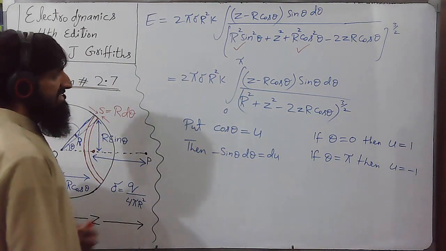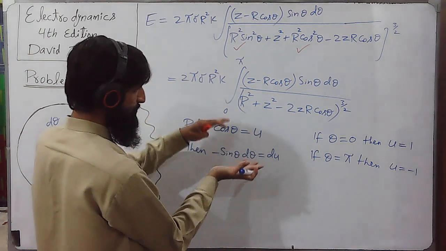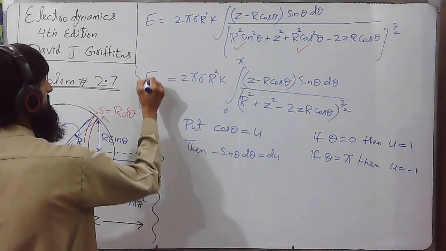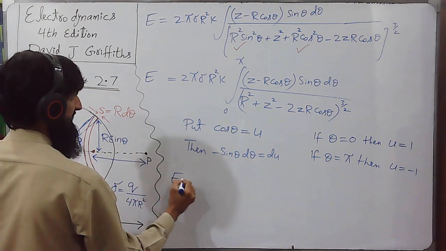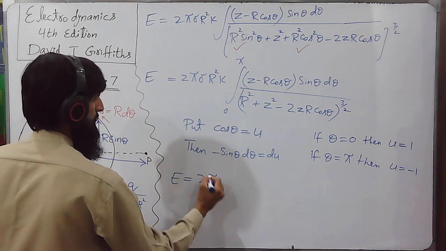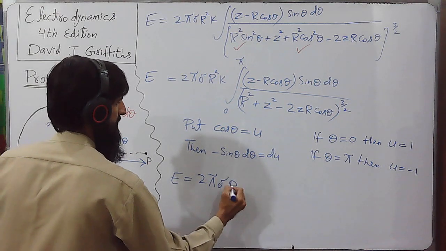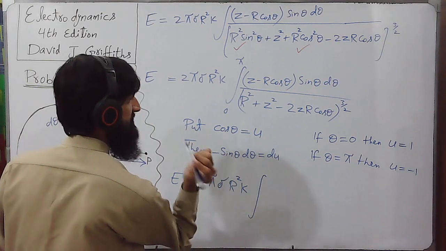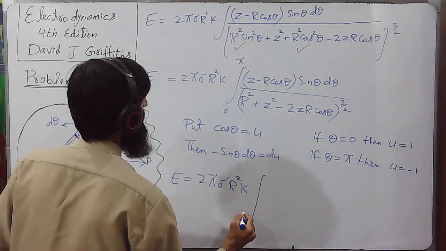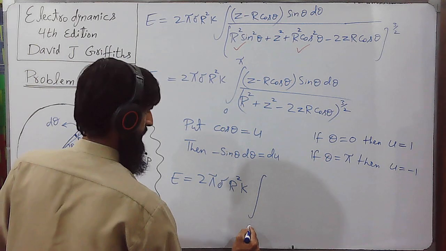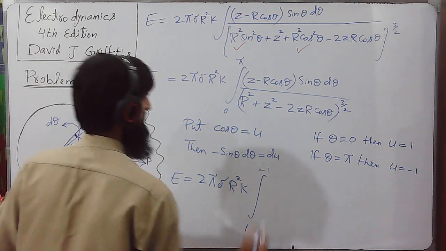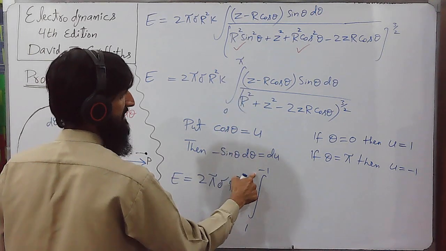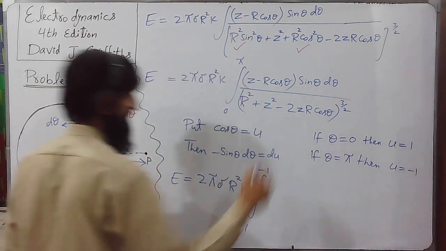Now let us use these substitutions in this integral and see what happens. Now E equals 2 pi sigma r square k, and the limits of integration will be replaced by 1 to minus 1. 0 will be replaced by 1 and pi will be replaced by minus 1. The reason is in front of you.